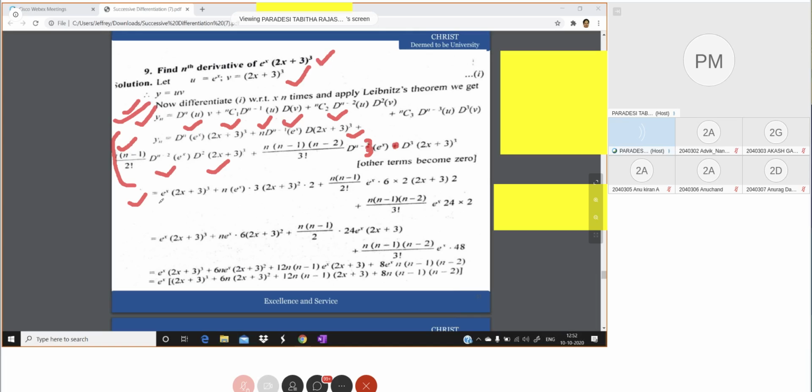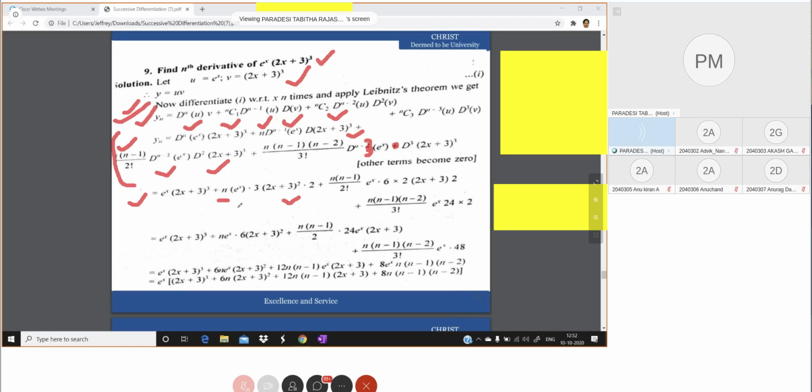First function is e to the x into second function (2x plus 3) whole cube as it is. Second one, nC1 is n. Derivative of e to the x is again e to the x, but derivative of (2x plus 3) whole cube is 3 into (2x plus 3) whole square into 2.